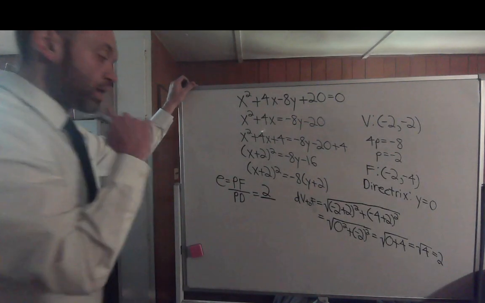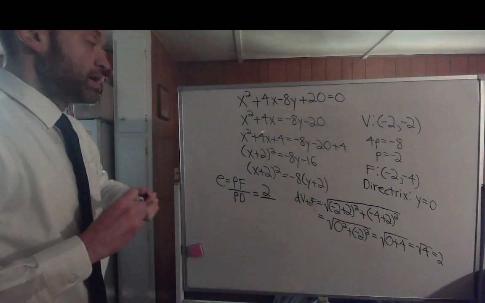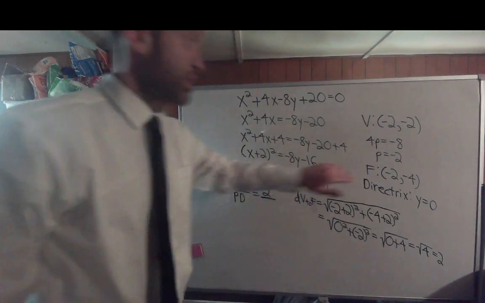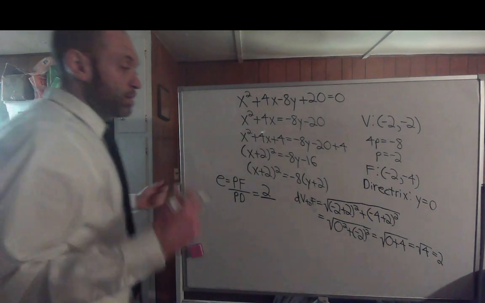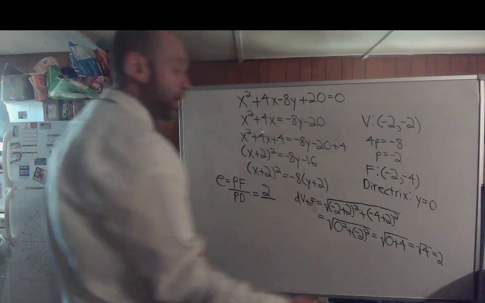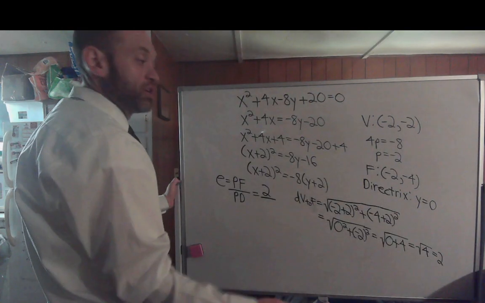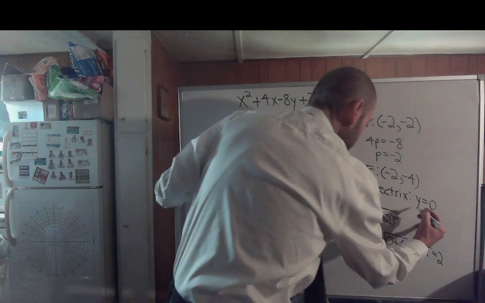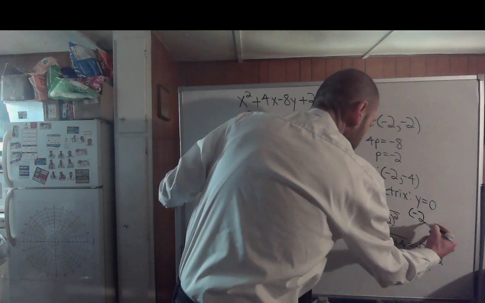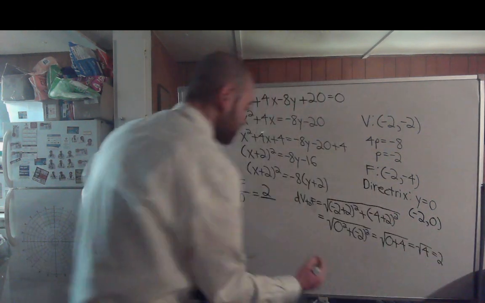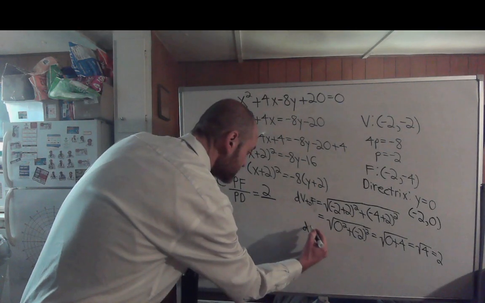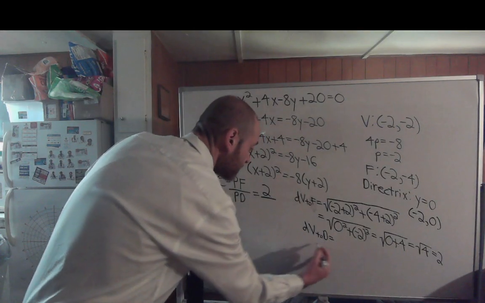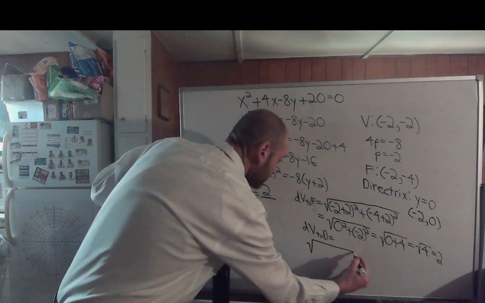Now, what about from that vertex, which is on the parabola, to the directrix? Well, the directrix runs through y equals 0. You could pick any x point on that directrix, so why don't we pick negative 2, 0? So the distance from the vertex to the directrix, let's use the distance formula again.